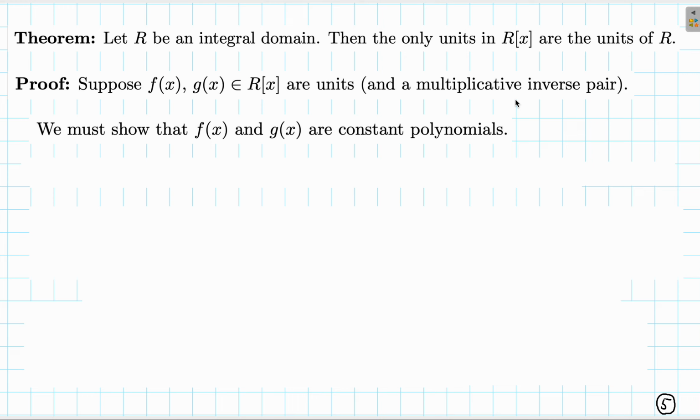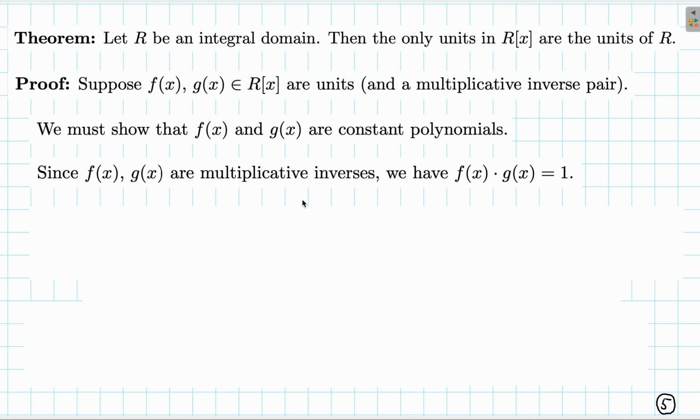And that will prove that all units of the polynomial ring R[x] are constants, and therefore units of the coefficient ring R. Now, since f(x) and g(x) are multiplicative inverses of each other, they multiply together to be 1.